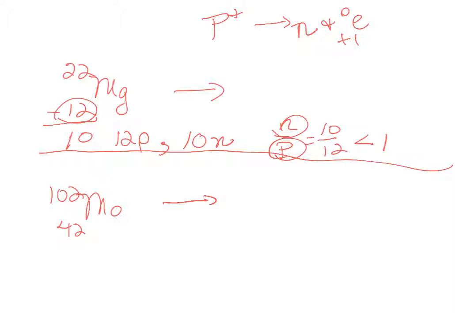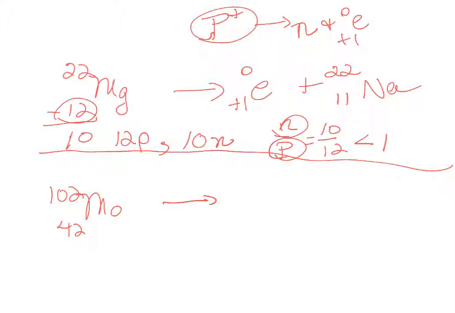So writing a balanced reaction for this, a positron is just like an electron, but with a +1 charge. And so we have lost a proton because it's decayed into a neutron. So now we have atomic number 11. The mass is the same. And what element has atomic number of 11? That is sodium.